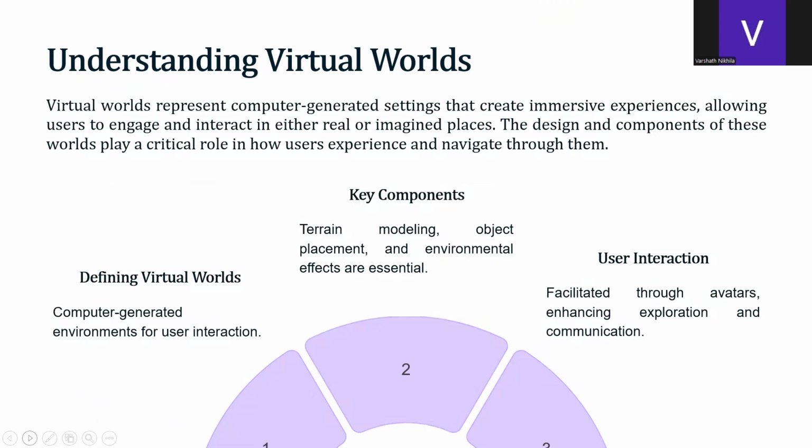These worlds are made up of terrain modeling, designing landscapes like mountains, rivers, and valleys; object placement, like where buildings, trees, and items are positioned; and environmental effects, meaning weather, time of day, fog, and wind, all contributing to immersion. Each of these elements is carefully designed to maximize realism and interaction.